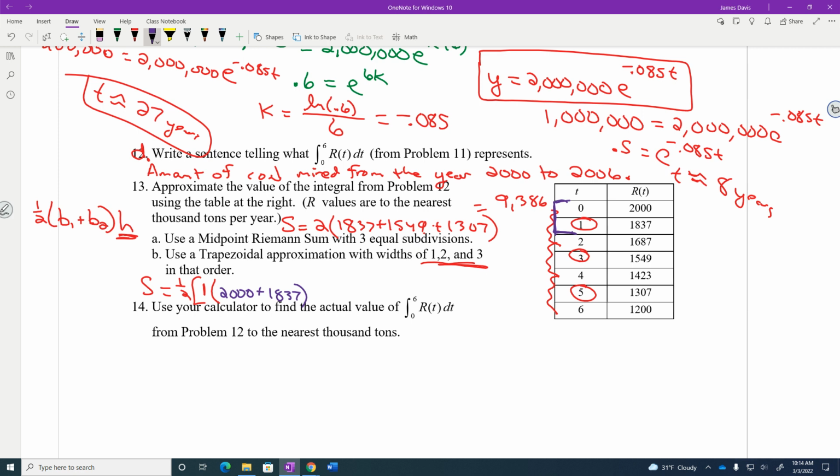And actually, rather than drawing it like that, I'm going to write it more like this. So our next trapezoid is going to have a width of 2. We're going to start where we left off, and then we're going to skip one because it has a width of 2.